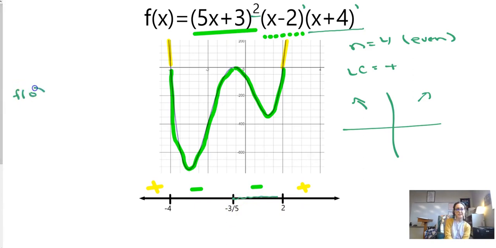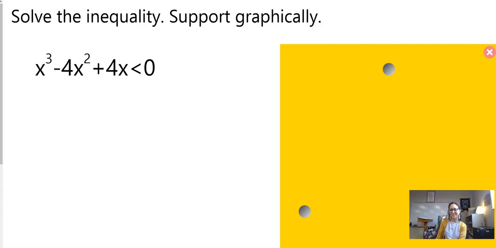So if I plug in 0 to the original, I get 5 times 0 plus 3 squared, and then I get 0 minus 2 to the -1 times 0 plus 4. Okay, and I can tell that's a positive times a negative times a positive. Yes, this is going to be negative, and that would be the case for any number you picked in that interval.